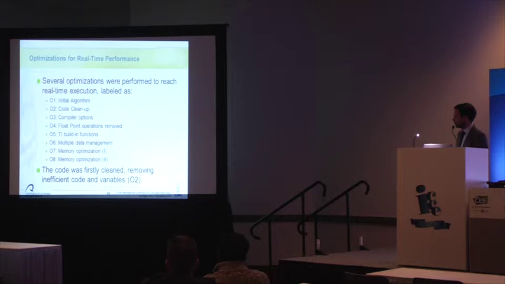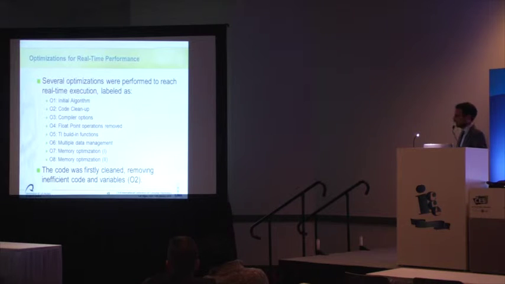Okay, but this is the part that I would like to highlight. This is what we did to follow real-time execution. We have an initial algorithm, which is called here O1, and we went till an O8 optimization following some steps.